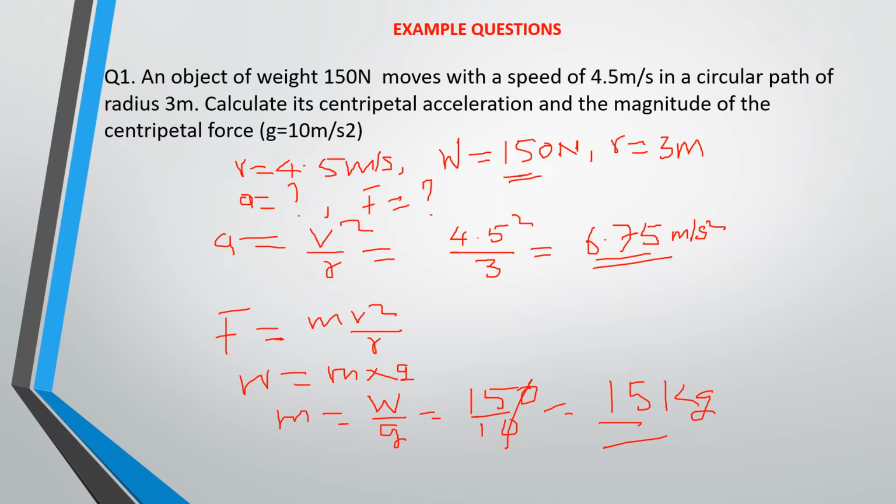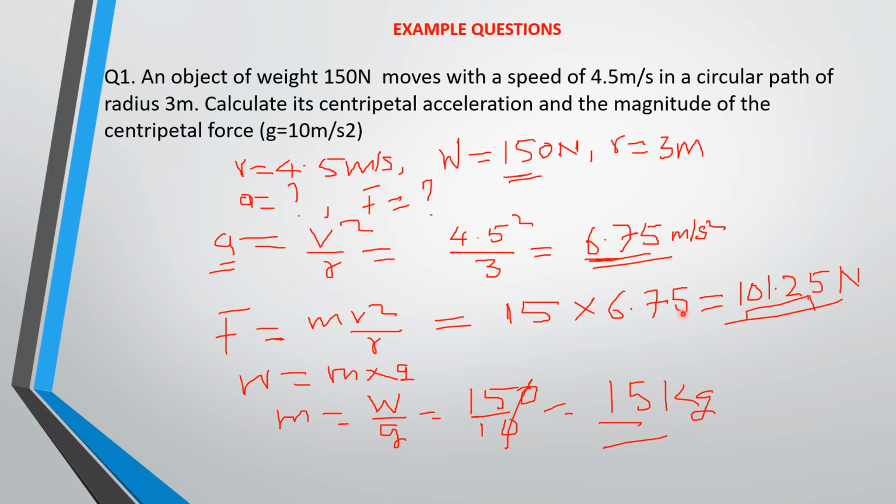So you can now substitute this into the equation to give you 15 times the acceleration. This is already your centripetal acceleration, so multiply by 6.75. If you punch that in your calculator, you are going to have 101.25 Newton as the magnitude of your centripetal force.